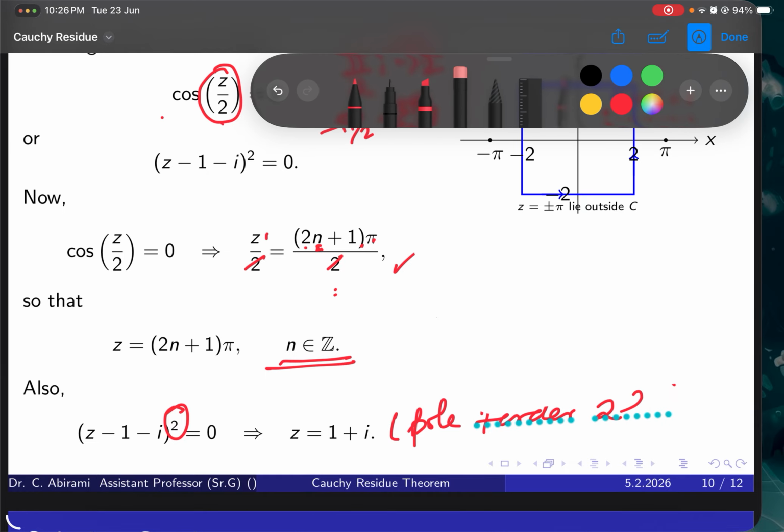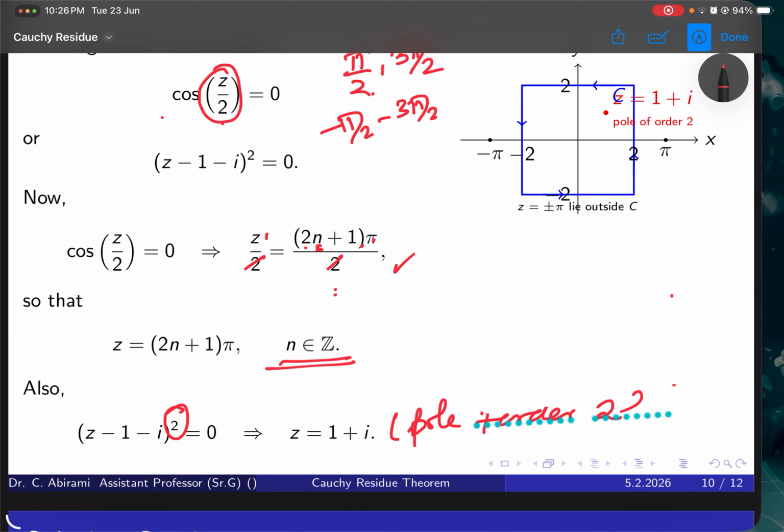After this we are going to analyze which of those singular points lie inside C. So pi by 2 and minus pi by 2 obviously lie outside. Pi only lies outside. And what about 1 plus i? 1 comma 1 obviously lies inside.